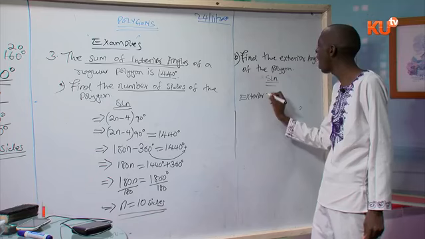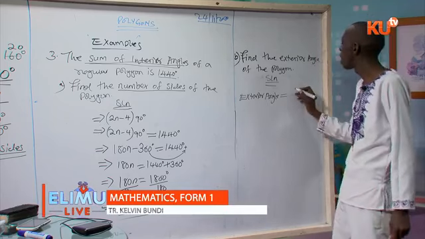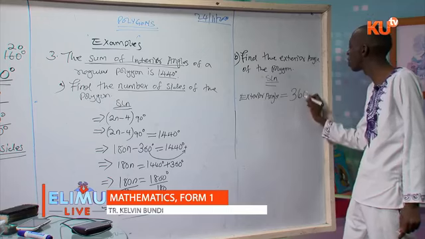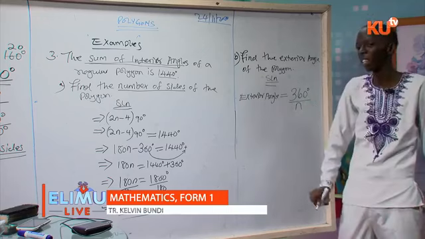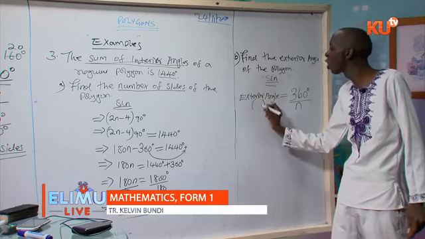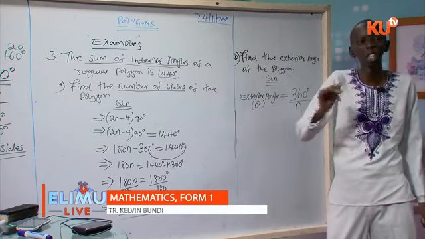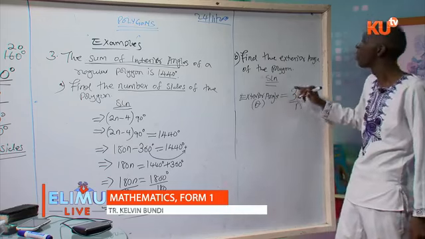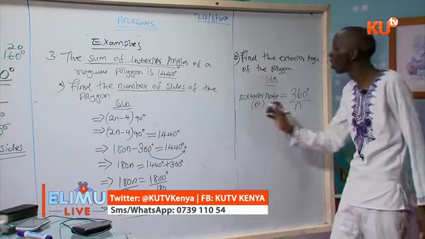And the exterior angle is equal to 360 degrees divided by n. Our exterior angle is denoted as theta. So the exterior angle, theta, is equal to 360 degrees divided by n.